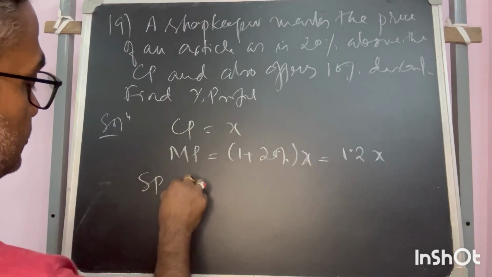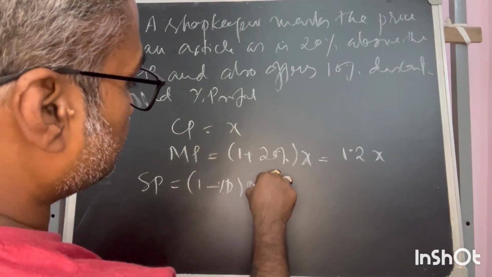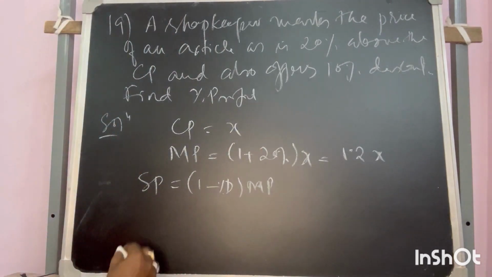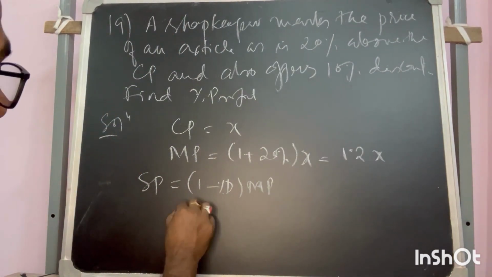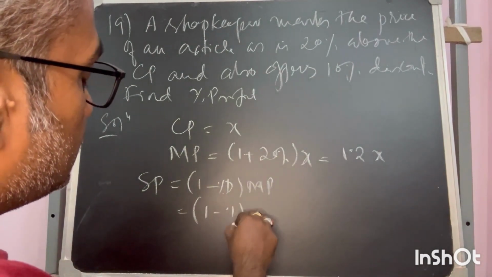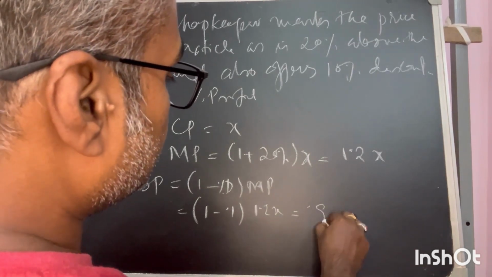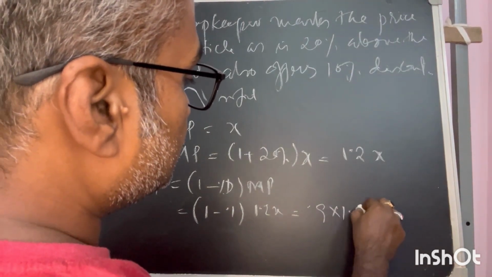Let's say SP is equal to 1 minus D percentage into marked price. This is the relation. So the marked price you know, so this is 1 minus D, meaning 1 minus 0.1, of 1.2x. So that is equal to 0.9 into 1.2 of x.